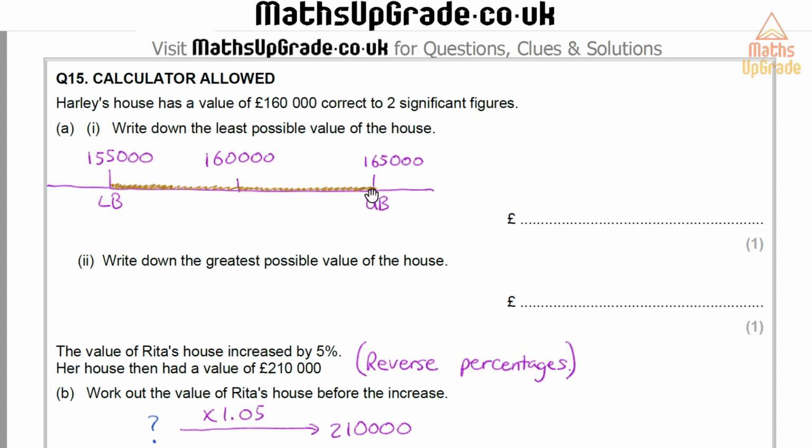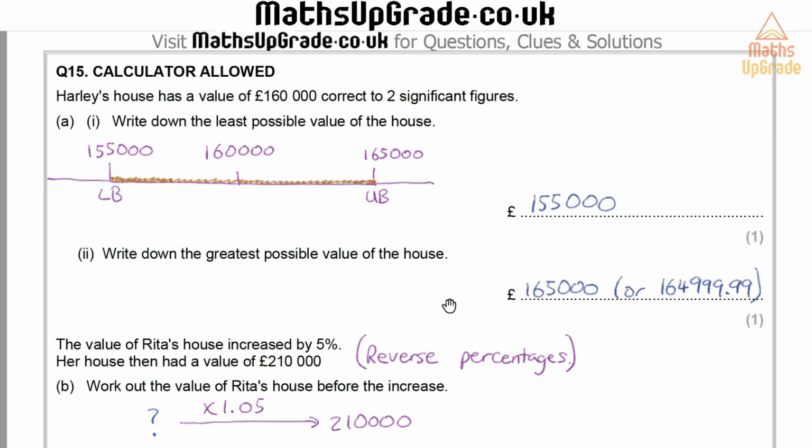Since these are the limits, if you round each of these to two significant figures, you get 160,000. So there's my answers there. In actual fact, the upper one would actually be £164,999.99, but this answer here is absolutely fine in the mark scheme, since they can tell that you understand what you're doing.